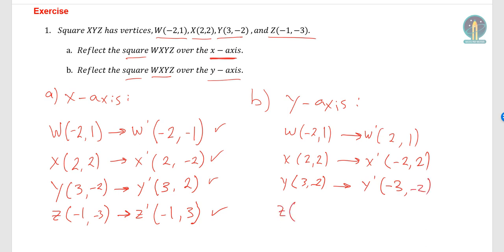Z with point (-1, -3) becomes Z prime with point (1, -3).